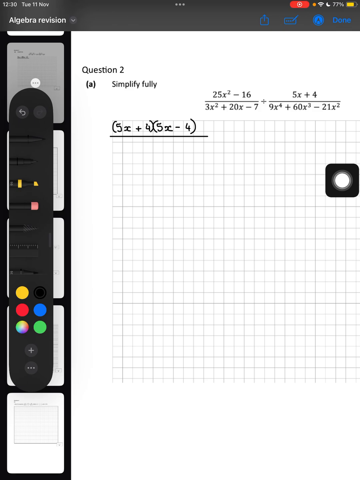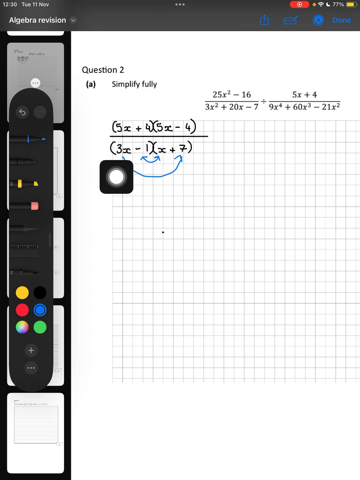Okay, I'm just going to jump to having it as 3x minus 1 by x plus 7. So if you're in the habit of doing the jump here, remember it's my minus 1x and my plus 21x, the inside together and the outside together, so that I get 21x minus 1x to give me the 20x.